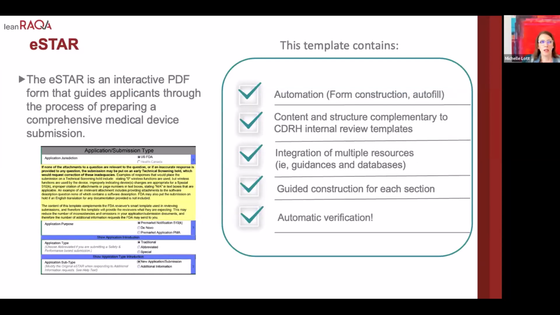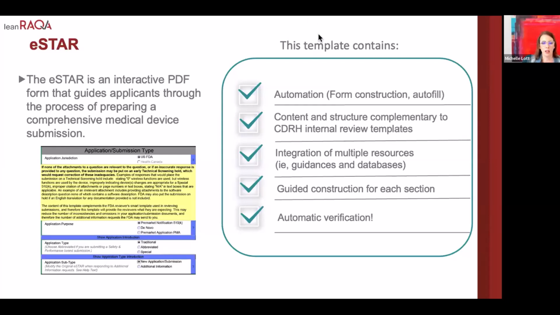eSTAR has its strengths and weaknesses, but overall, it is a huge help in getting the right types of information in the right places to make sure that your submission is complete and meets FDA expectations. It is an interactive PDF system that the FDA has come up with to both create and compile your submission and then upload it to the portal that is supposed to facilitate their review.